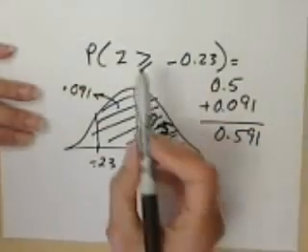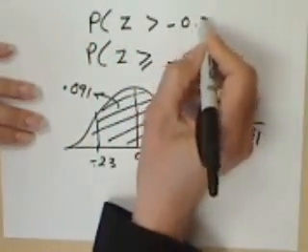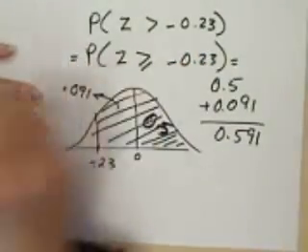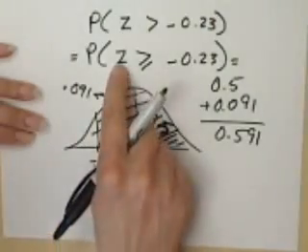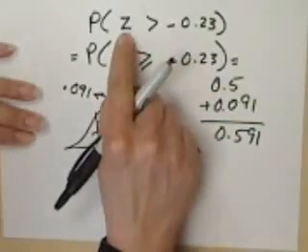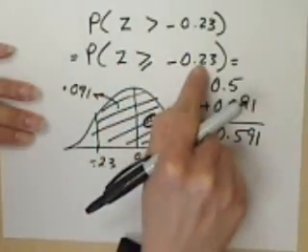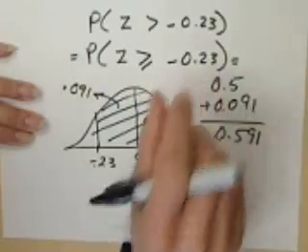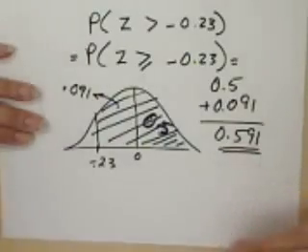Let me just tell you here, whether I asked you to choose probability of z being greater than or equal to negative 0.23 or greater than negative 0.23, both would be the same because for a continuous distribution, the probability of an exact value of z equals 0. So these two answers are the same, and both will give you this answer.